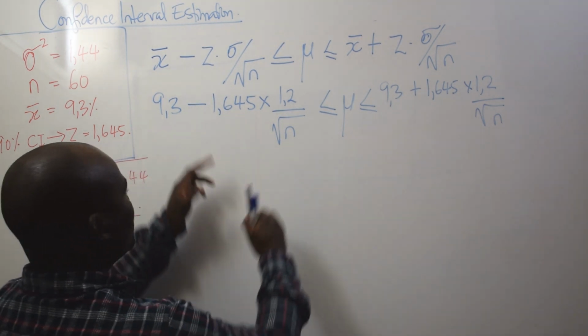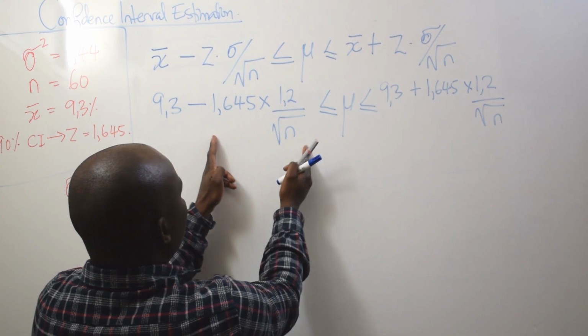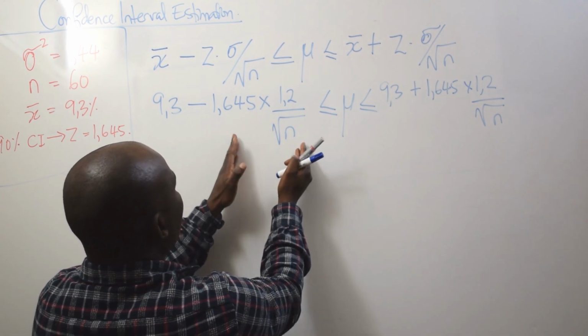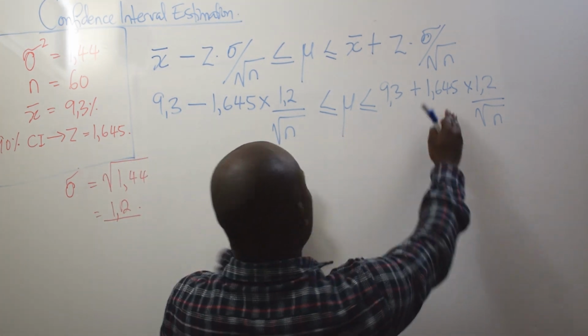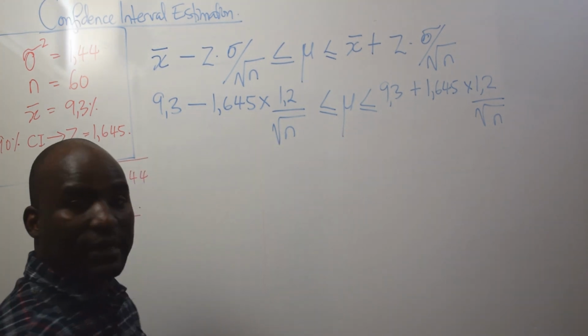I would recommend that you start working out this part and then you can subtract it from 9.3, and then you can add it to 9.3, because this part and this part are essentially the same.